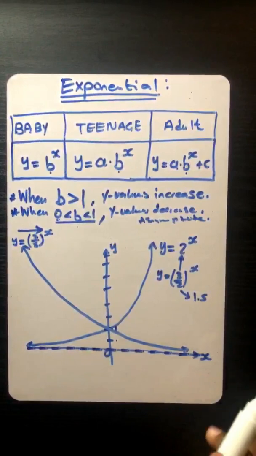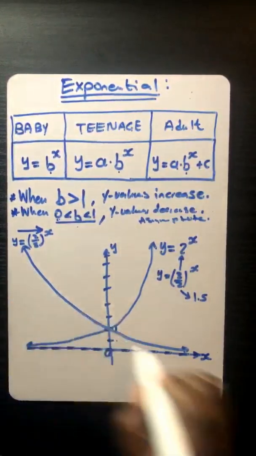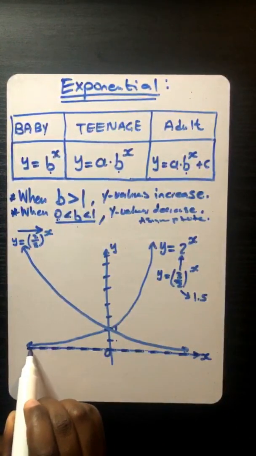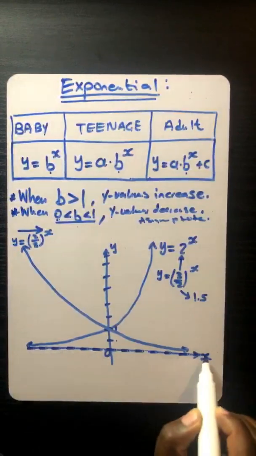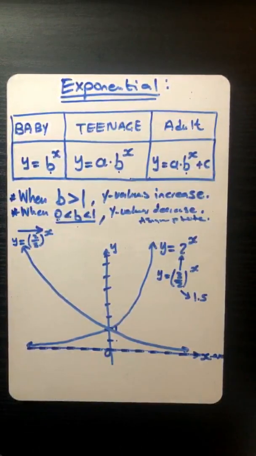100%. So what I was saying, Shravan, is that when we're dealing with an exponential type of function, we've got an asymptote which is on the x axis over there.